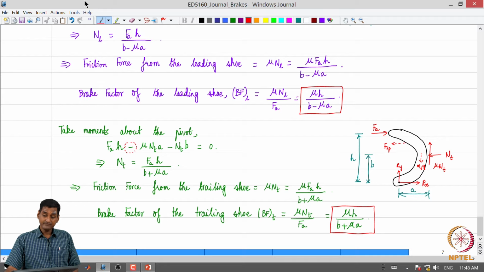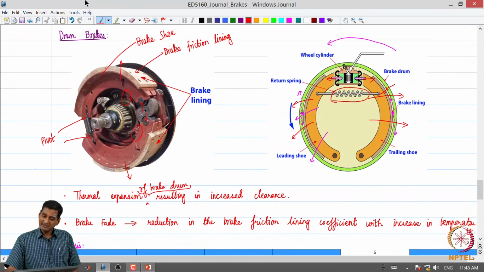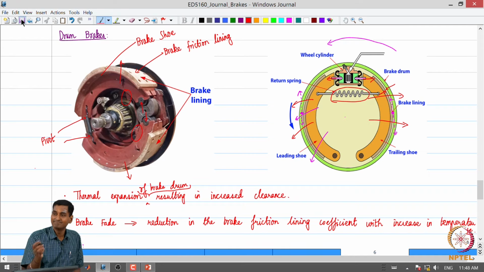We can immediately observe that if I reverse the direction of motion, what I have labeled as leading shoe and trailing shoe will get swapped, with everything remaining the same. If I just change the direction of motion of the drum from counterclockwise to clockwise, what we are calling the leading shoe would change to trailing and vice versa. As an exercise, I want you to draw the free body diagram and convince yourself.